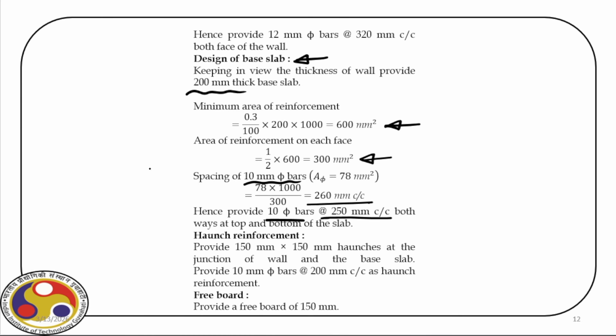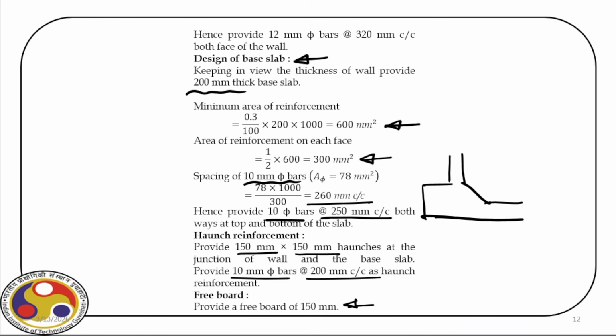Then again, for this rigid connection at the base, we provide a haunch. So for that, we provide a 150 by 150 haunch, and for that we provide 10 phi at the rate 200 center to center, and with a freeboard of 150 millimeter above water.